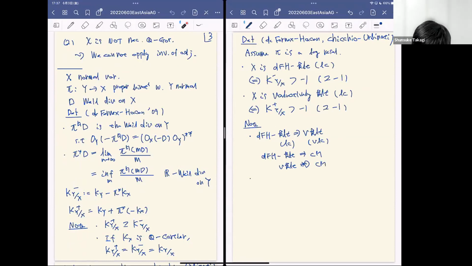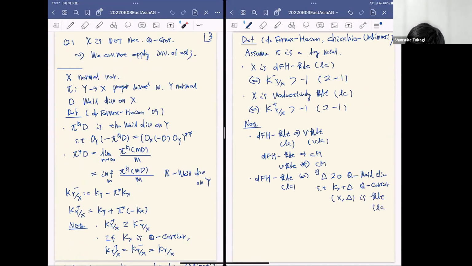Dufresne-Heycon KLT or log canonical is, in some sense, a natural singularity because we have the following characterization. Dufresne-Heycon KLT or log canonical if and only if there exists an effective Q-Weil divisor Delta such that K_X plus Delta is Q-Cartier and the pair is KLT or log canonical.